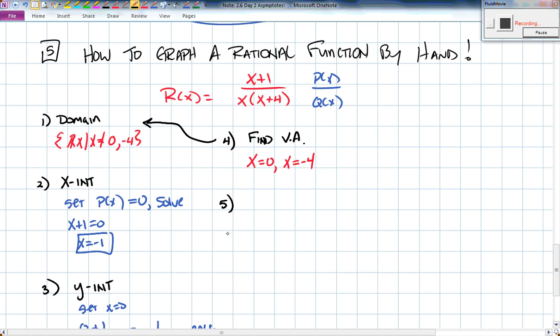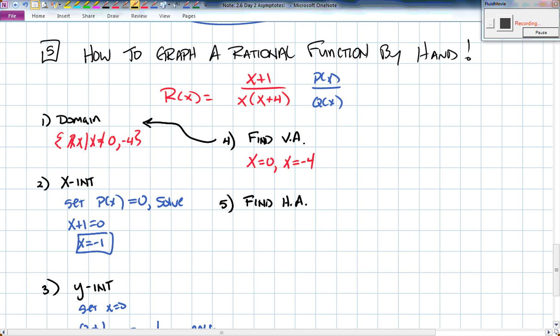Step number 5. When does it get bad? Step number 5. We're going to find the horizontal asymptotes. Well, that's pretty easy too, because what type of a function is this? It's a rational function. Is it proper or not proper? How do you know it's proper?